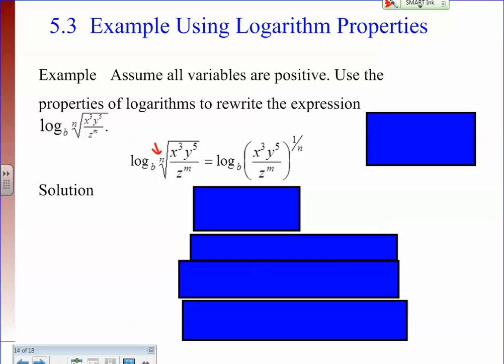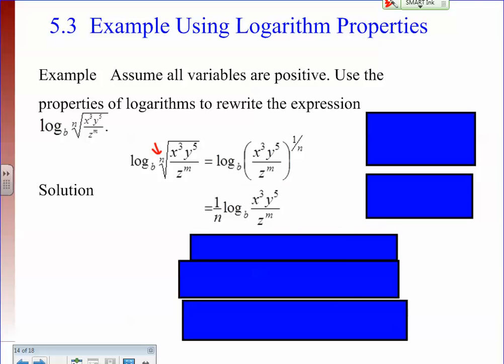We normally don't write the 2, so it would be 1/2. Now we can use that 1 over n with our power rule. We can write that in front of all that mess. We get rid of the parens, and we have 1 over n times the log base b of x to the third, y to the fifth over z to the m.